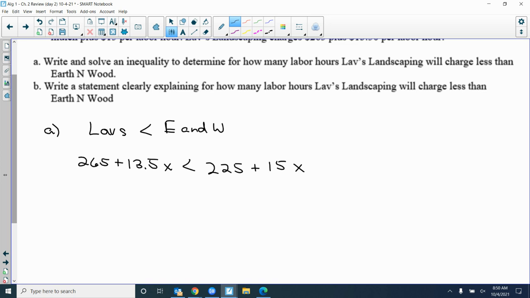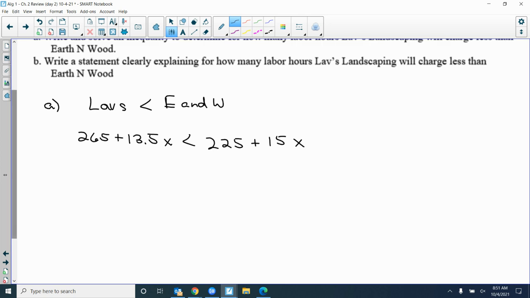All right, so we got that written down. I'll stop and make sure everybody's there. So we want to solve that. Mason? Subtract 13.5x on each side. Okay, let's subtract a little guy. We're going to subtract 13.5x, so minus 13.5x, minus 13.5x.